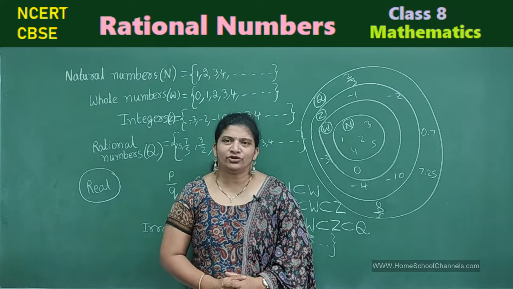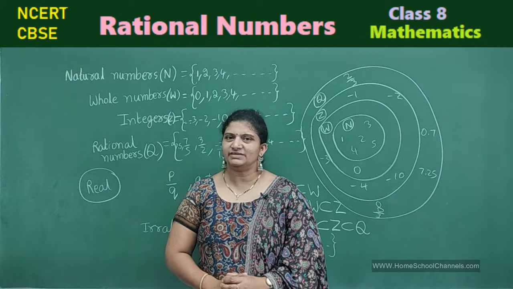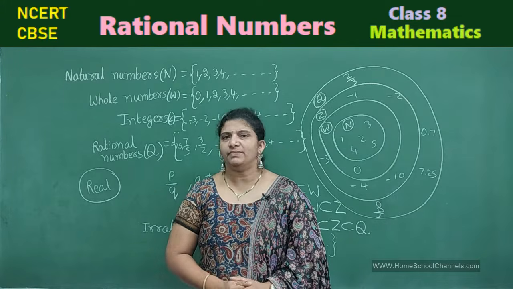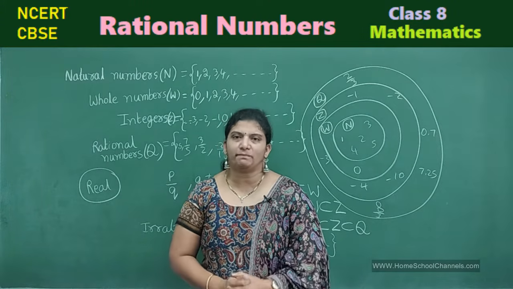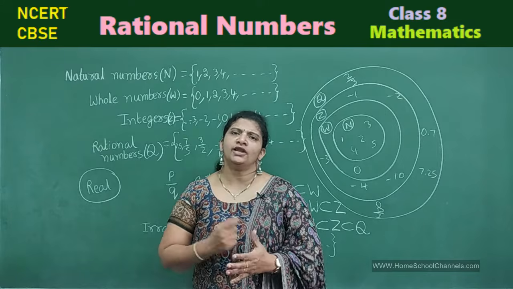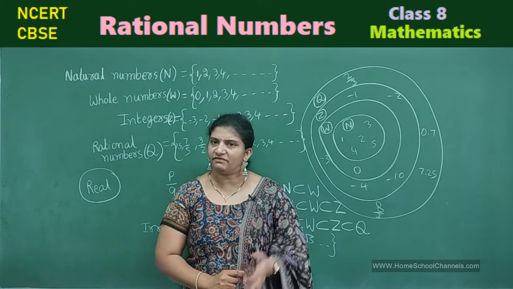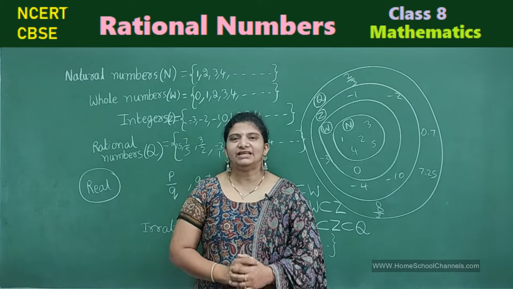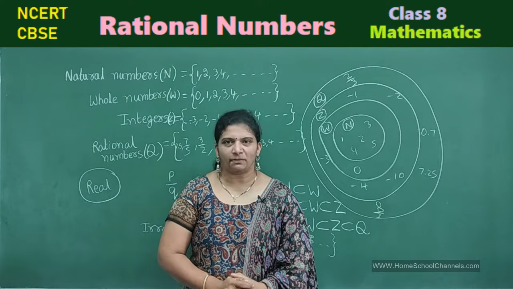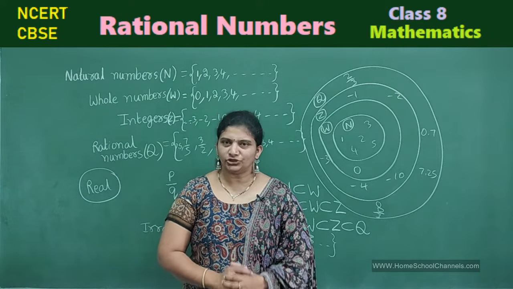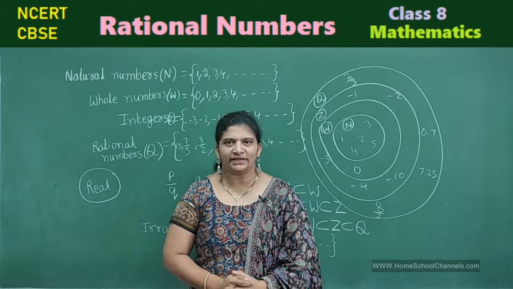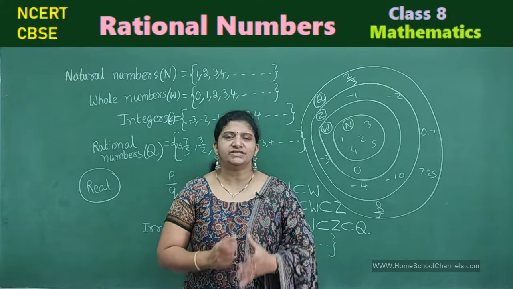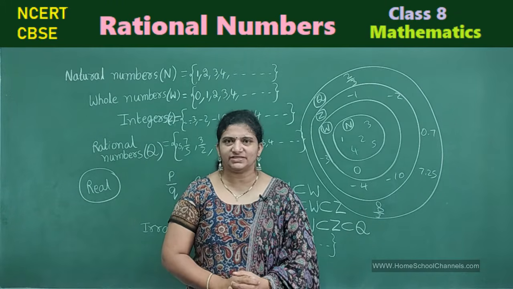This year we are going to deal with rational numbers, and in rational numbers, the first topic is properties. I think we already have done these properties in our previous classes. In this chapter, the first topics are properties like closure property, commutative property, associative property, distributive laws. These are all we have seen.